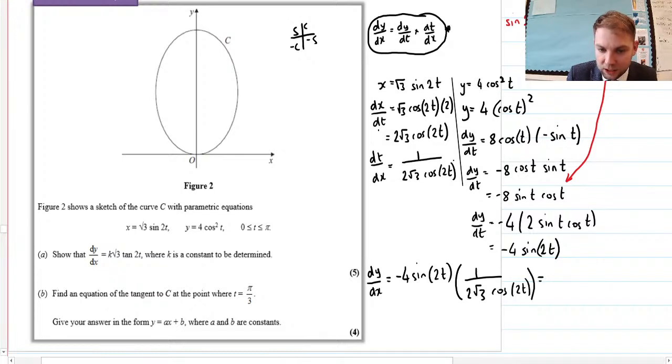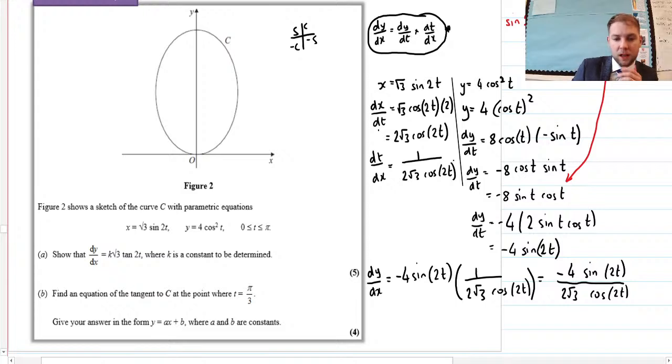So this is equal to minus 4 sine of 2t all over 2 root 3 cos of 2t.